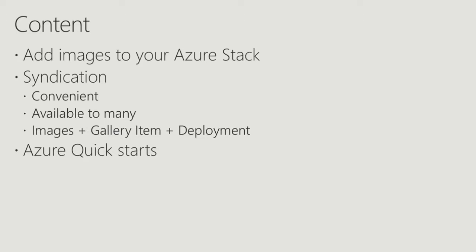You are the manager of that instance. So with all that power, you can choose from a list of curated items from the Azure Marketplace that you can syndicate to your Azure Stack instance. Then anyone deploying applications on that instance can leverage those images and pre-built components. Syndication is a very powerful resource that I highly recommend you look at.